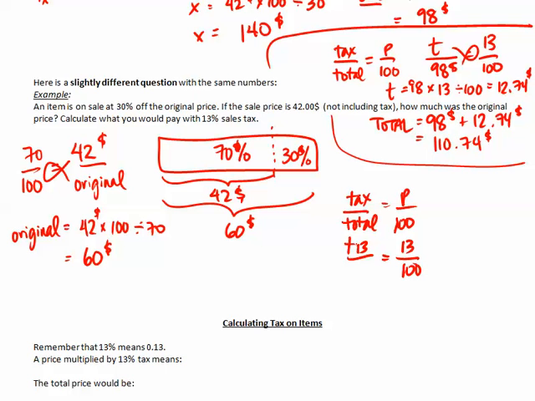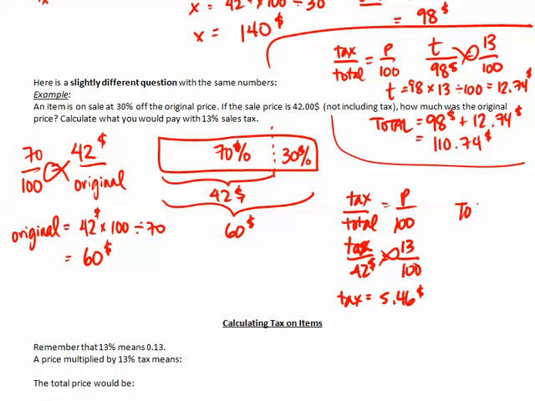We don't know the tax, but the total amount was $42, not the $60, because I already have it on sale. So now I find the tax is equal to 42 times 13 divided by 100, and so my tax is $5.46.